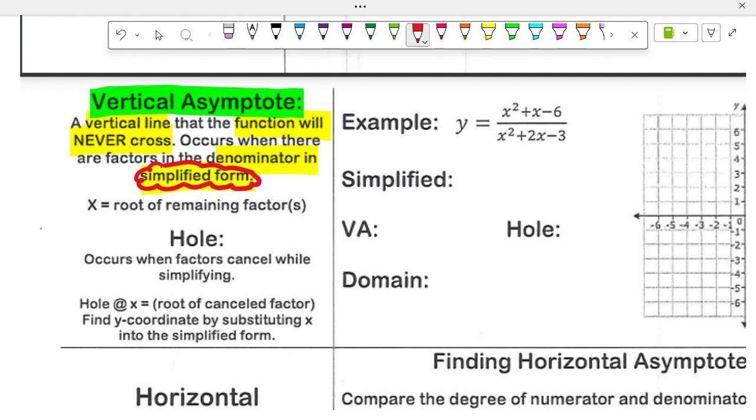So in other words, you have to simplify the fraction. All right, so, factor, cross stuff out. All right. So x is equal to the root of the remaining factors. So not the factor that you cross out, but the factor that remains in the denominator. You set that equal to 0, solve for x, that's your vertical asymptote. So let's look over here.